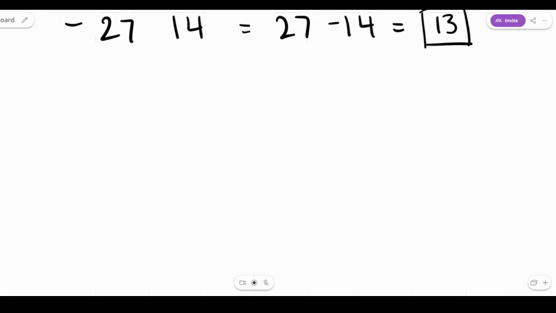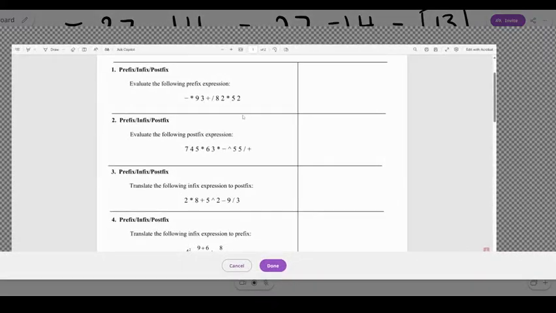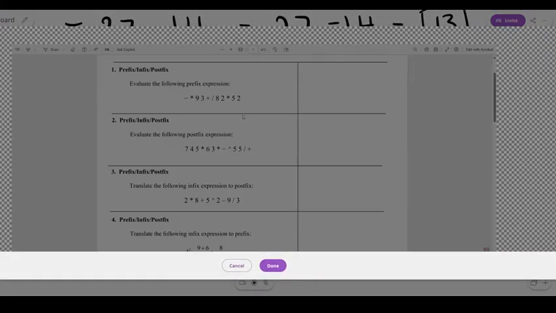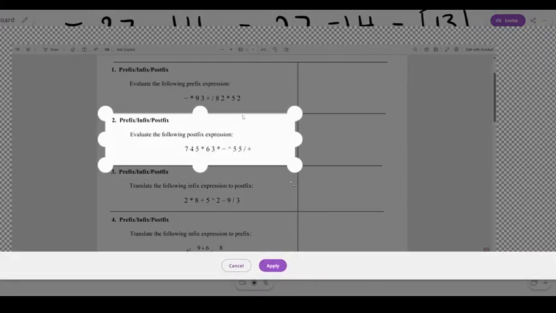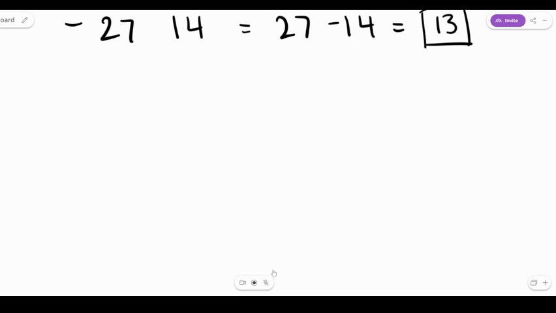So now for another problem. Evaluate the following postfix expression. So again, let's write this out.